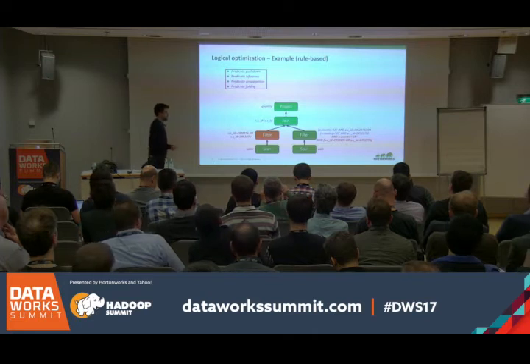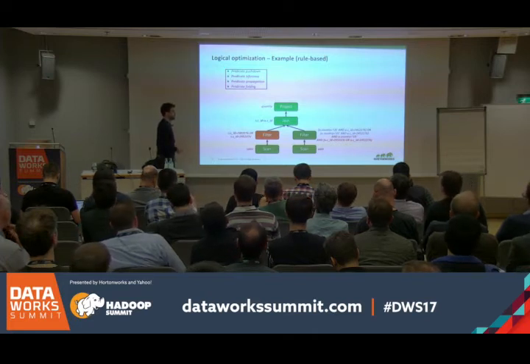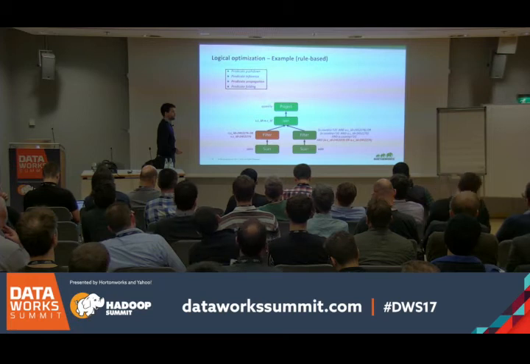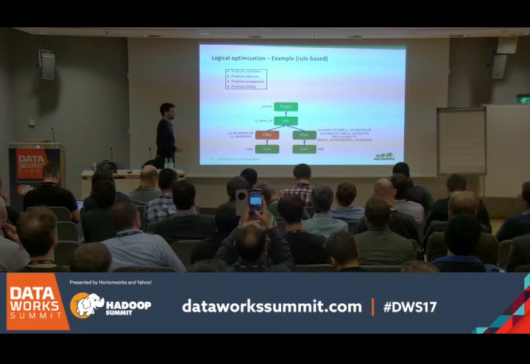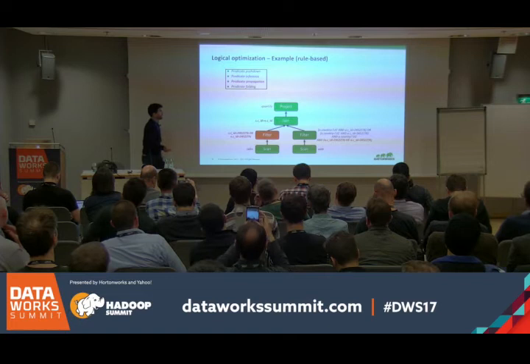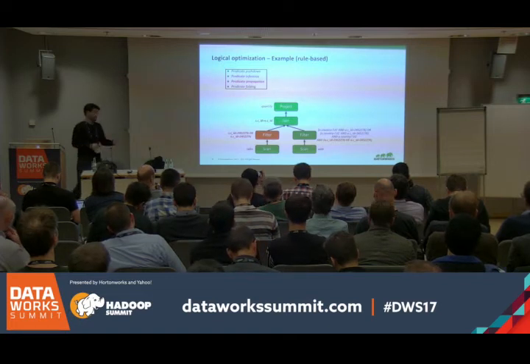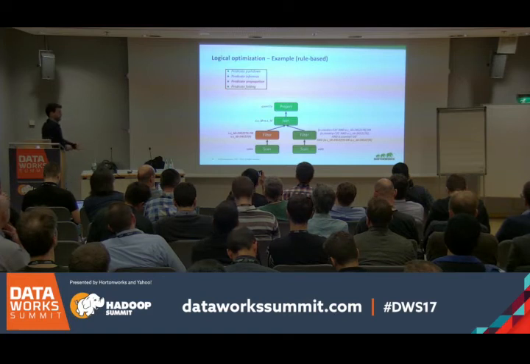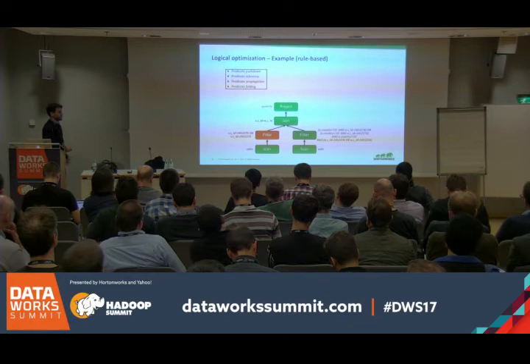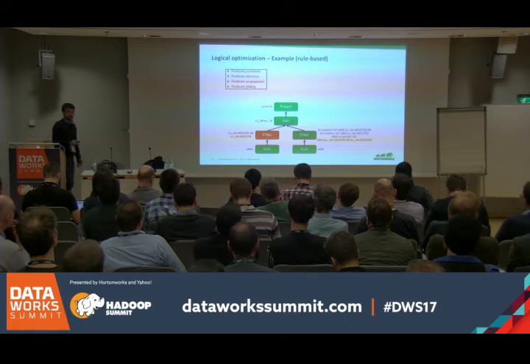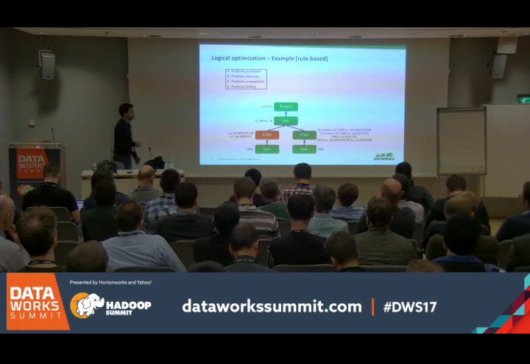Propagation: now you know that the ID should be equal, and you know here that the ID should be this value or this value, so we can propagate it to the other branch. This is really useful, because now you only need to read records for 2 different IDs, and before you had to read all the data.